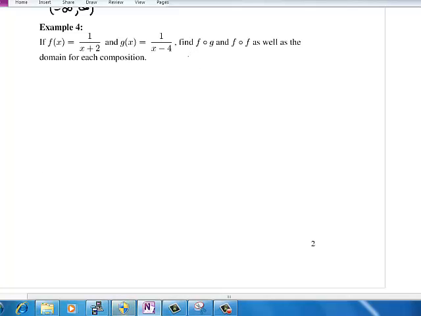This time, instead of just doing f circle g and g circle f, we're going to do f composed with g and then f composed with f, which will be a little bit different. And the functions are going to be just messier because they're fractions. So f circle g first, or f composed with g. F composed with g of x will be first nested f of g of x.